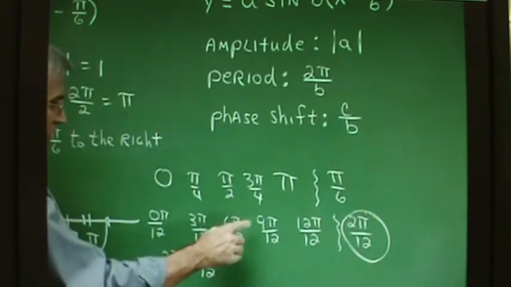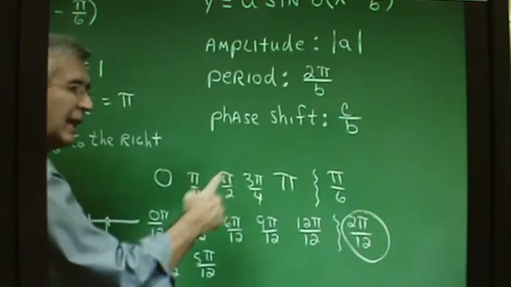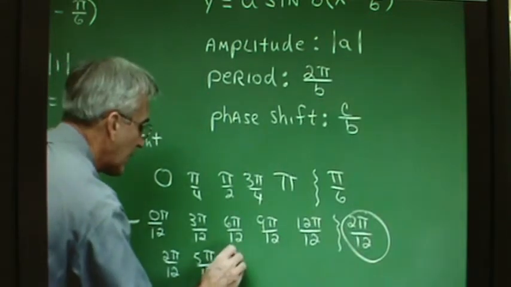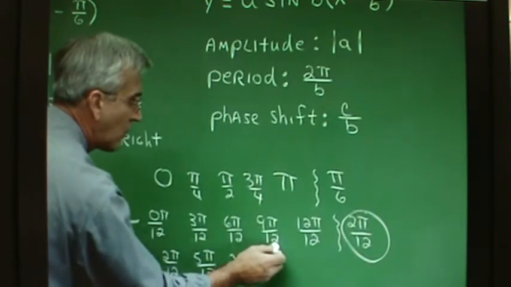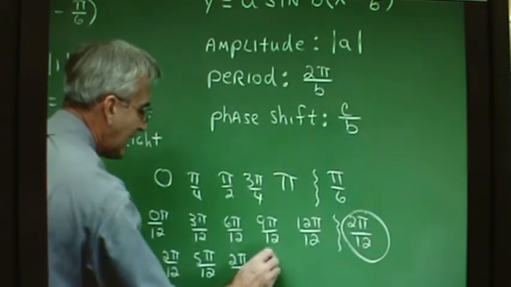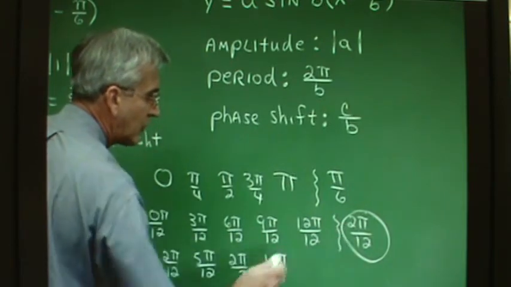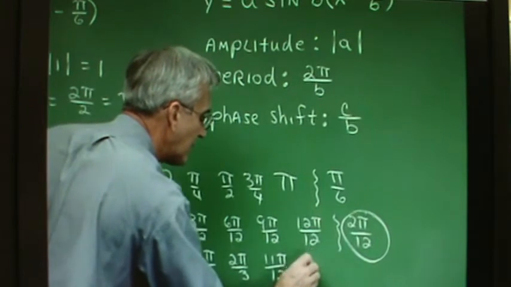And then 6 pi over 12 plus 2 pi over 12 is 8 pi over 12. 8 pi over 12, 8, 12, 4, then we get 2 pi over 3, reducing. And then 9 pi over 12 plus 2 pi over 12 is 11 pi over 12. And then 12 pi over 12 plus 2 pi over 12 is 14 pi over 12, or 7 pi over 6.